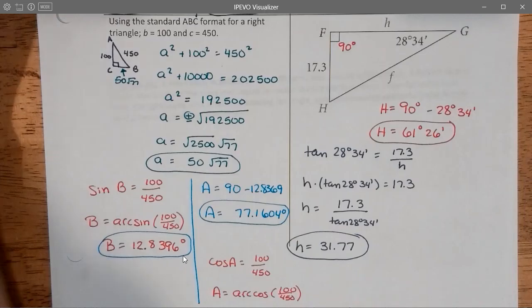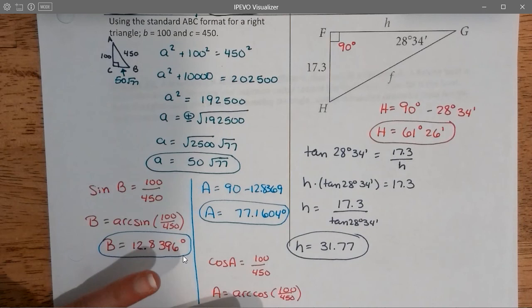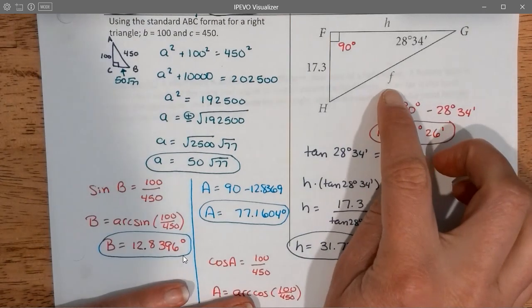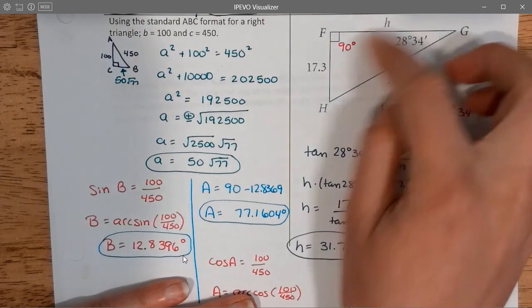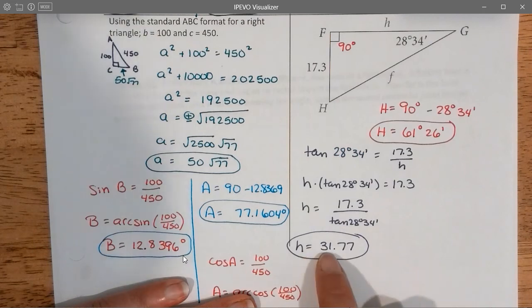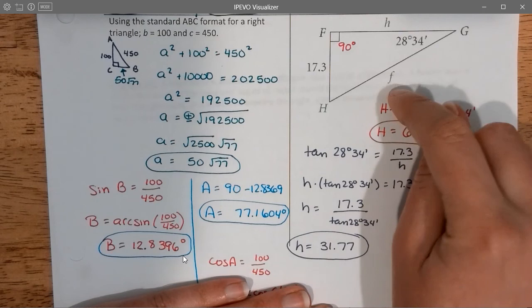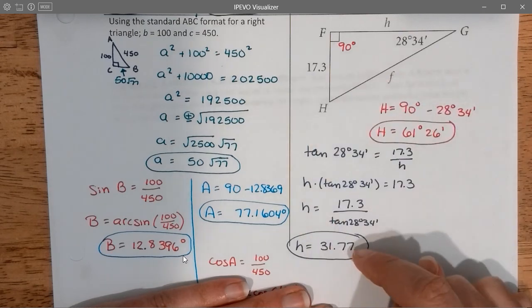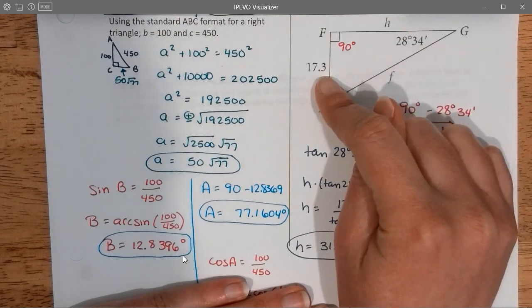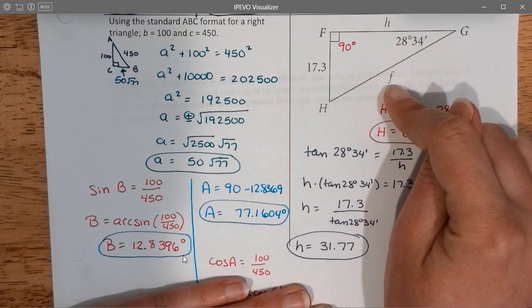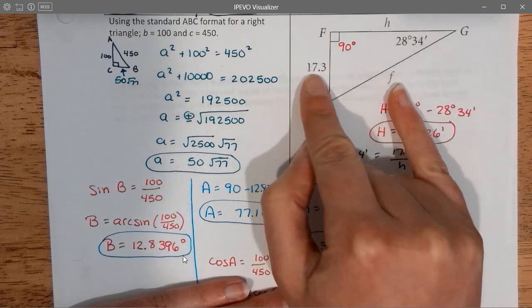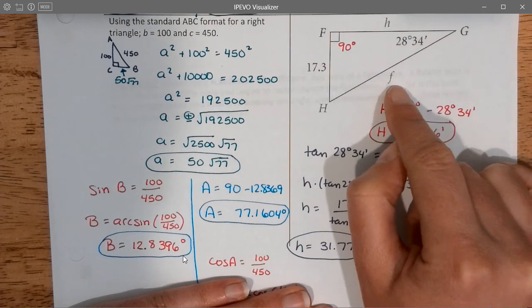Let's go back and find the side f. Now I have choices. From here I could just use the Pythagorean Theorem, but since I have this rounded value, let me go back and do some trig so that I don't have to use the value that I have rounded here. I can use the exact values that I was given. Okay, so in terms of these two sides, this will be opposite and hypotenuse, so it's going to be sine.